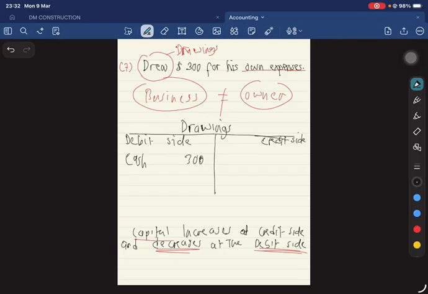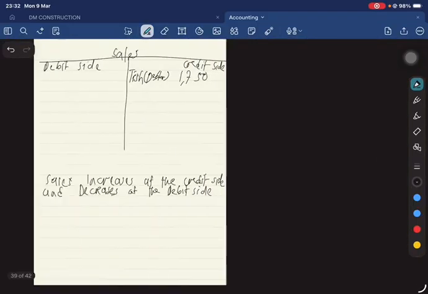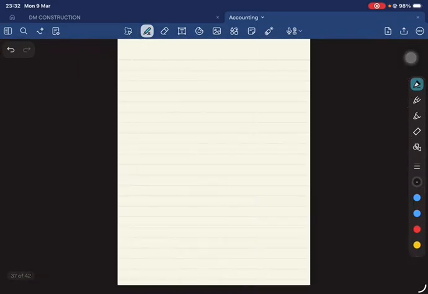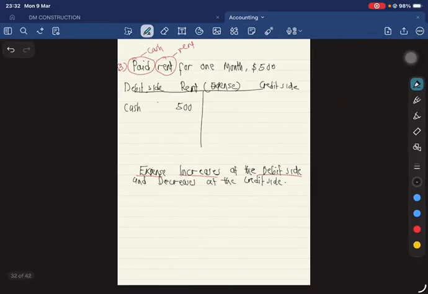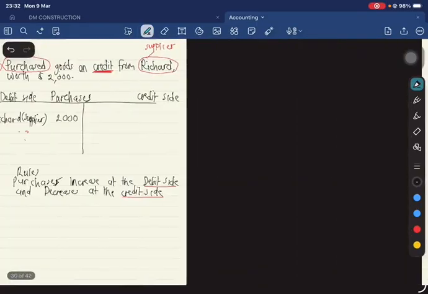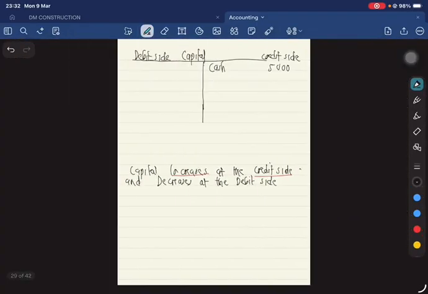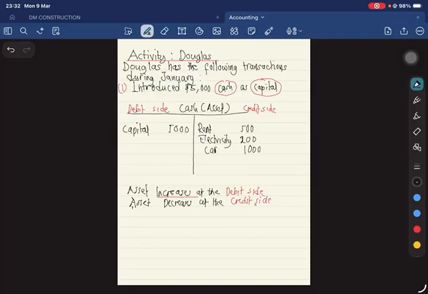So it means the cash we have in the business is also going to decrease. So I think we have the cash account somewhere. Yeah, the cash account.